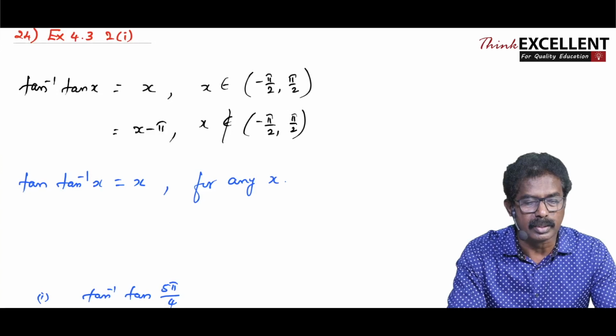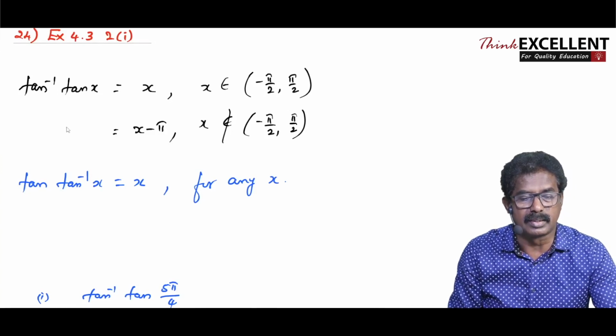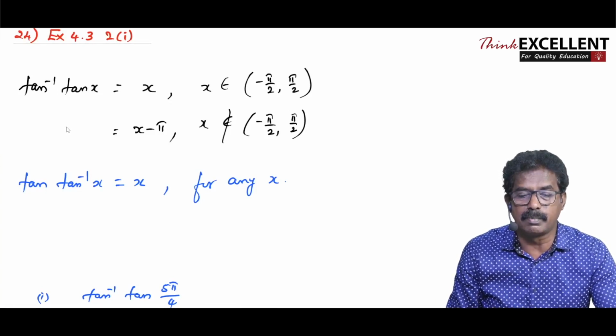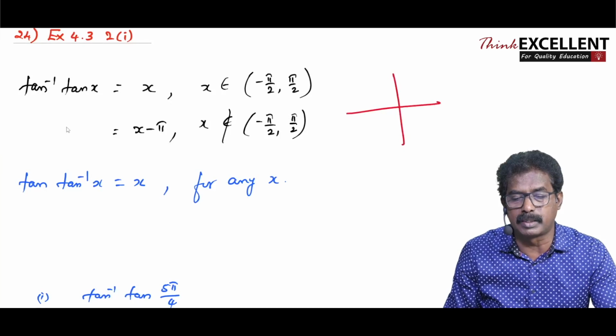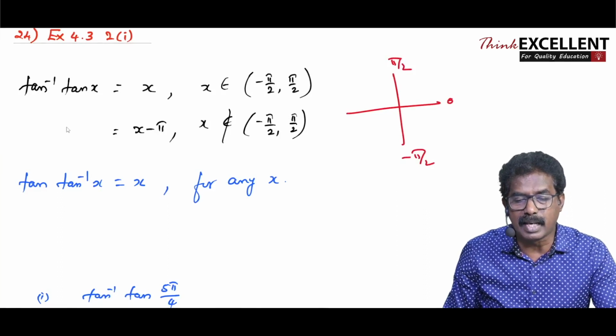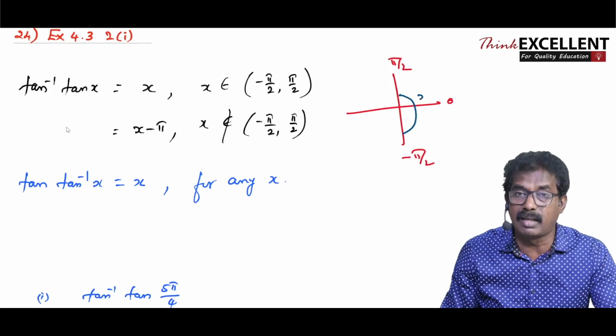Before doing the next question, question number 24, try to understand these results. Tan inverse tan x you can write as x if x belongs to minus pi by 2 to plus pi by 2. This is 0, this is pi by 2, this is minus pi by 2. If x lies in this interval, tan inverse tan x is x itself.